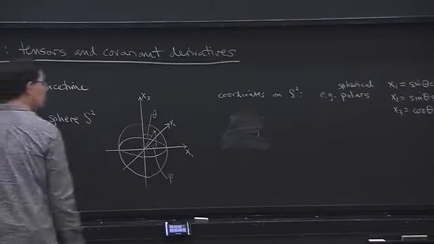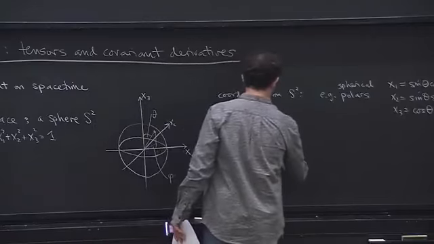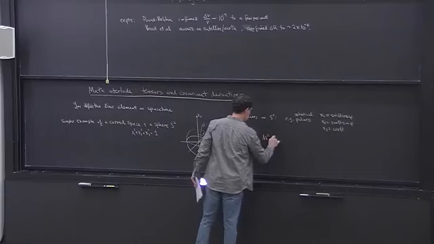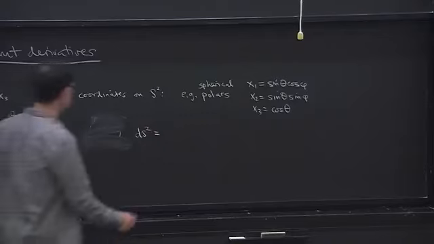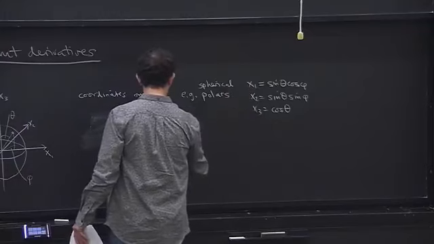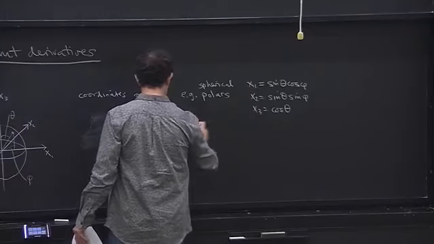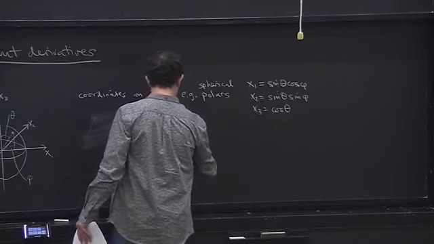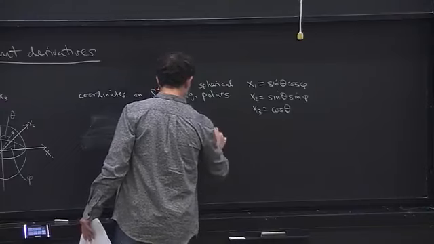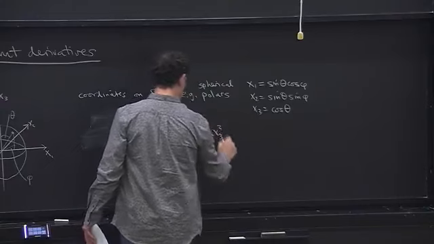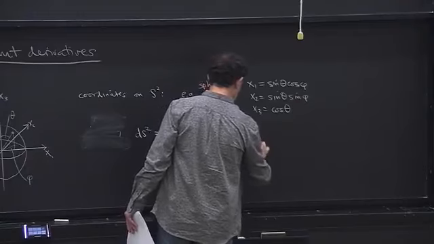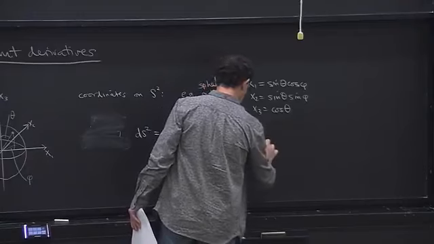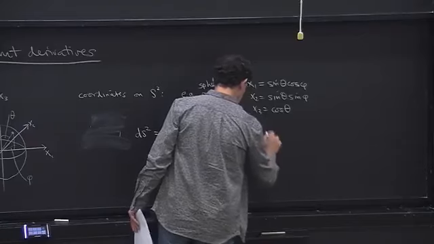So the metric, the line element, which is given by the metric, is just the line element in flat space, but when I insist that the coordinates are on the sphere, constrained by the requirement that x1 squared plus x2 squared plus x3 squared equals 1.